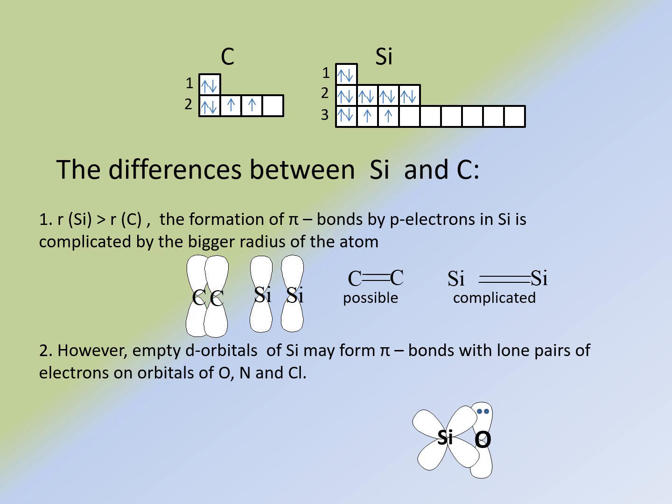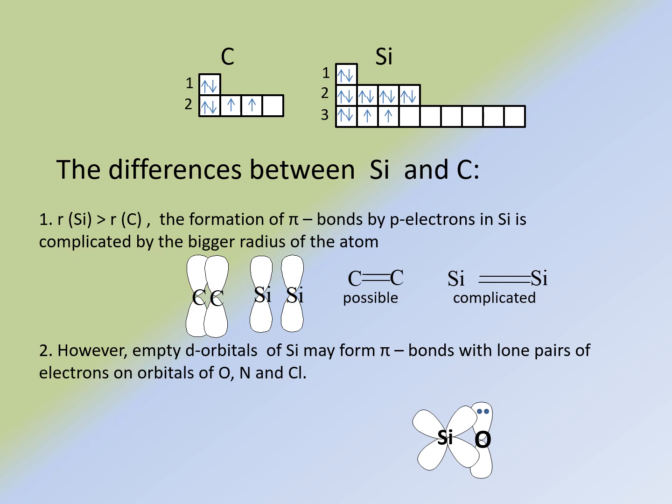A philosophical slide. It's about the difference between silicon and carbon. The chemistry of these elements is different. But why? They say because the radius of carbon is much smaller. And since it is smaller, carbon is prone to form double and triple bonds or aromatic bonds.